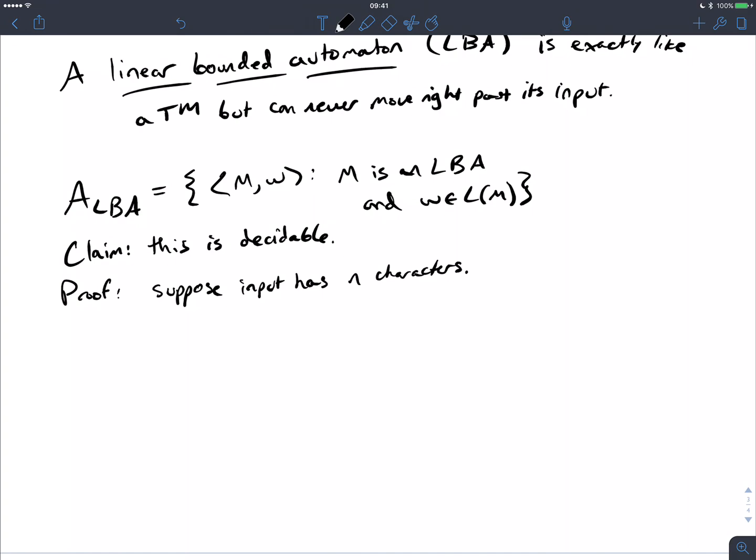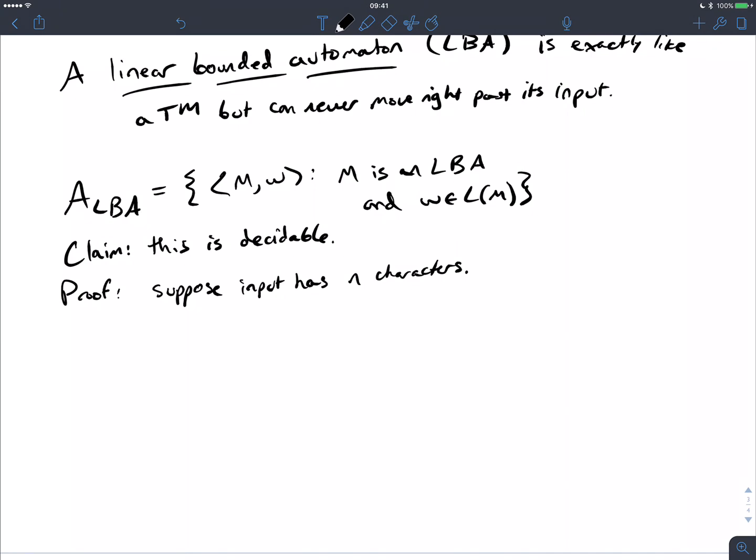What must happen? A loop. And will I run forever? Why? Because these machines are deterministic. If I repeat a configuration with the same state and the same tape head location, I will run forever. Same with normal Turing machines. Same thing here. But can we detect an infinite loop in this case?